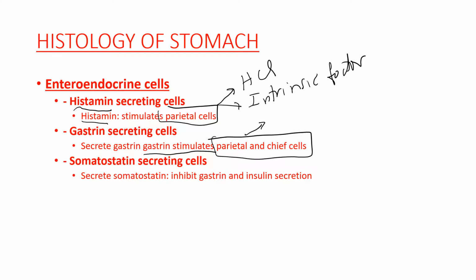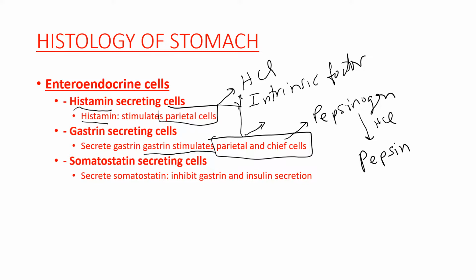Parietal cells will again secrete intrinsic factor and hydrochloric acid. Chief cells secrete pepsinogen, which is turned by hydrochloric acid into the working enzyme pepsin. Pepsin is involved in the digestion of proteins.